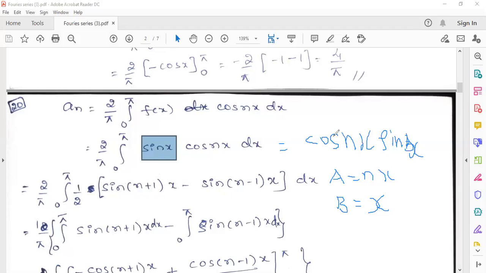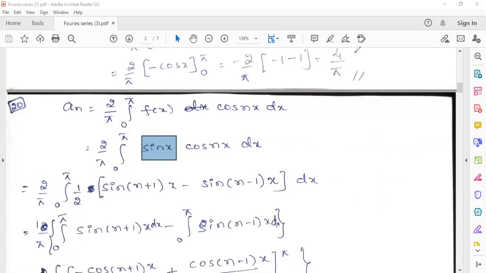Sin of a plus b is sin of n plus 1 into x, minus sin of a minus b, which is n minus 1 into x. Now we can cancel 2. Actually, I forgot to cross out this 2. If you cross out 2, the remaining thing will become sin of n plus 1 into x dx minus sin of n minus 1 into x dx.